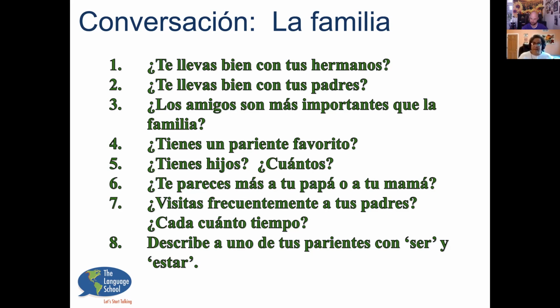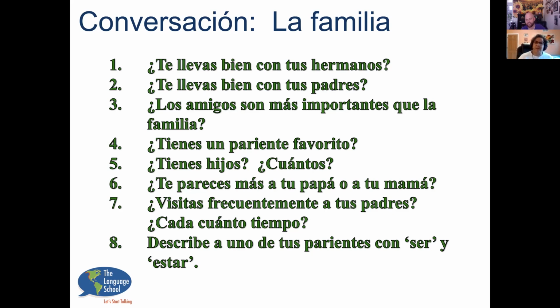Sí, mi cuñada linda es mi pariente favorita. Muy bien. ¿Tienes hijos? Sí, tengo un hijo.